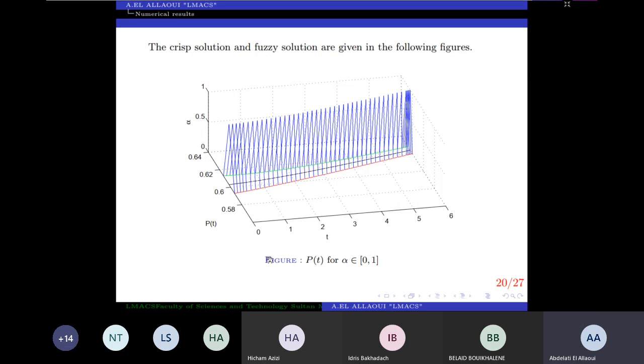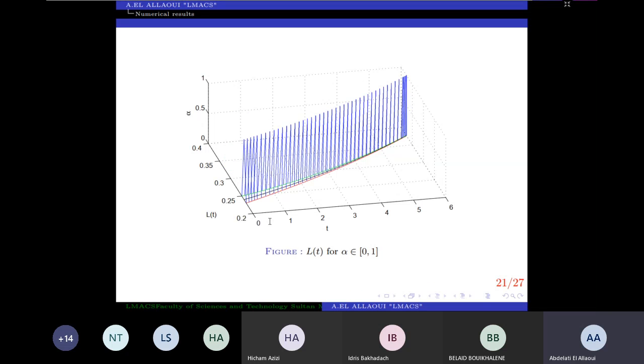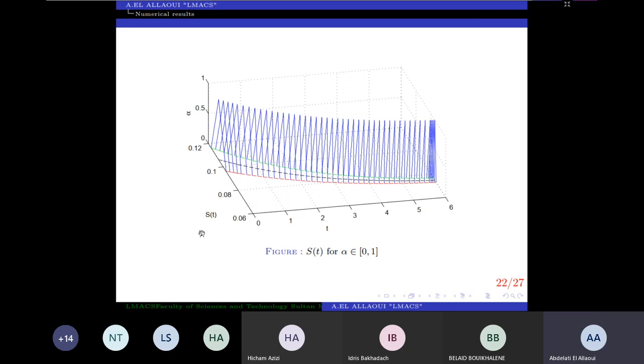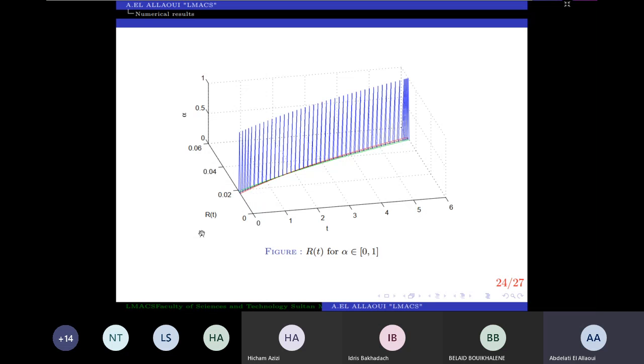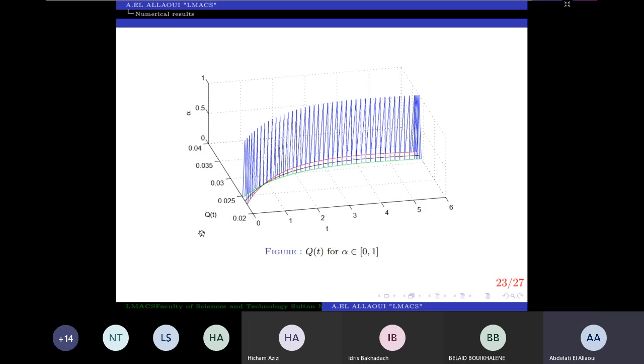And we have here the graphical solution of potential smokers, and the graphical solution for occasional smokers, heavy smokers. This is for temporary quitters, and the last one for permanent quitters.